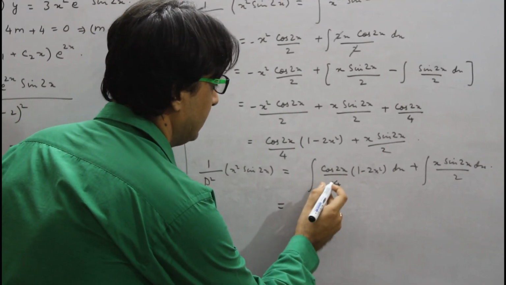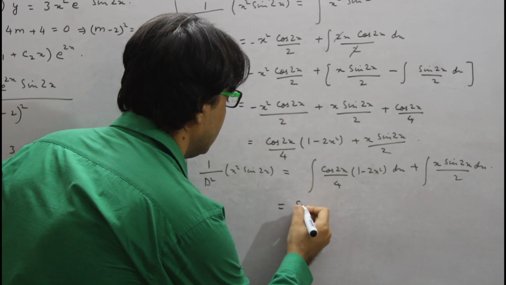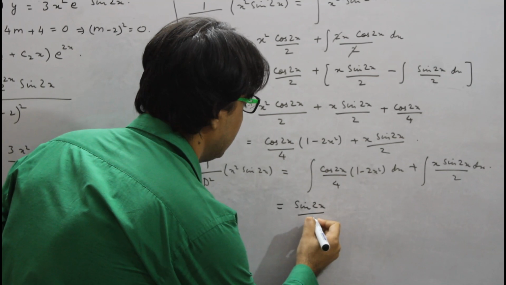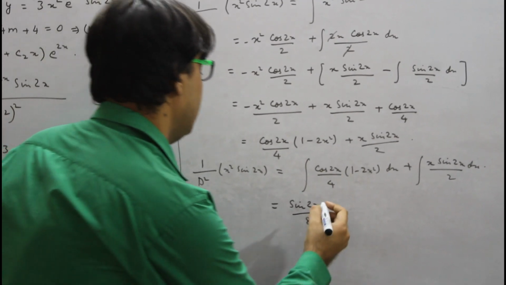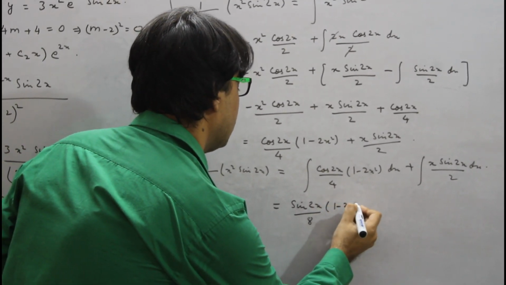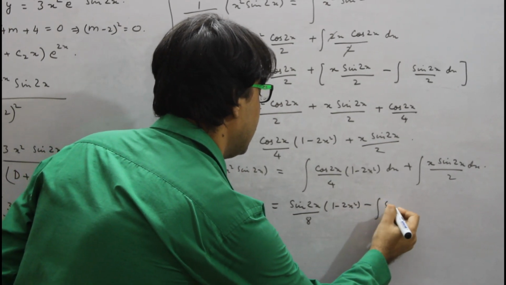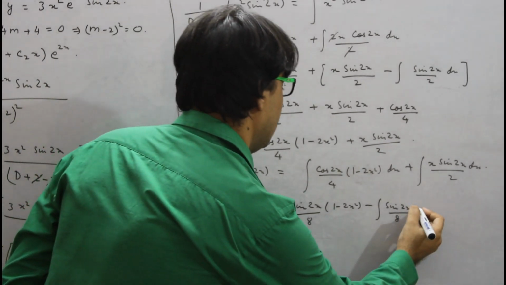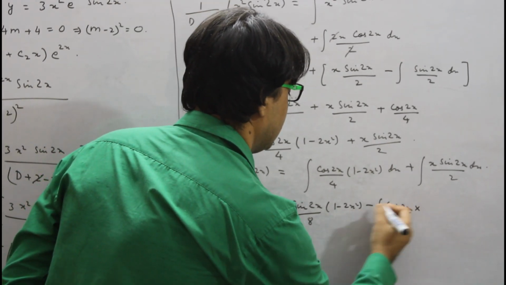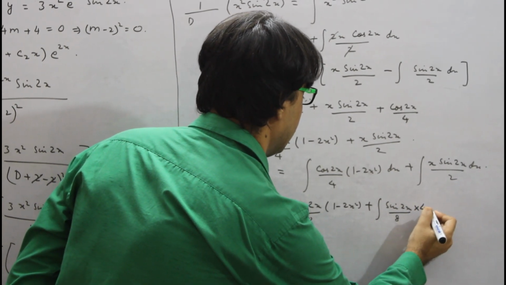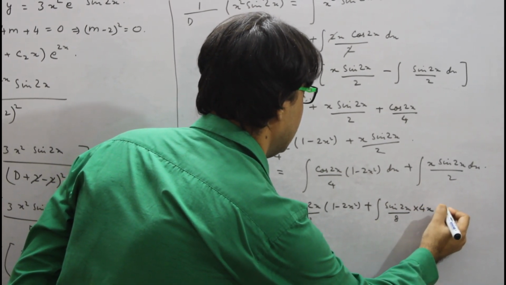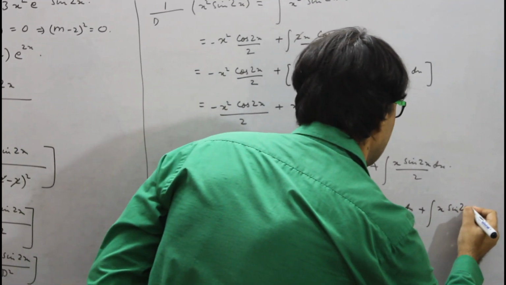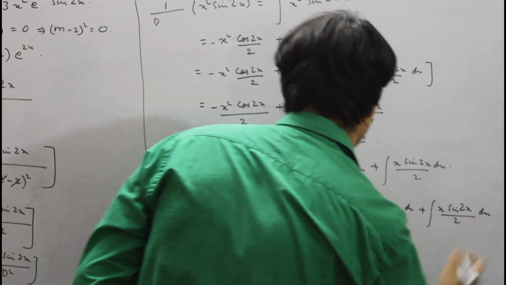So if we take this integral, this becomes sine 2x divided by 8 into 1 minus 2x square, minus of sine 2x divided by 8 into minus, minus becomes here plus. So this can be written as 4 of x dx plus integral of x sine 2x divided by 2 dx.